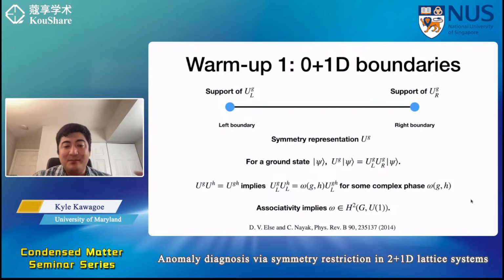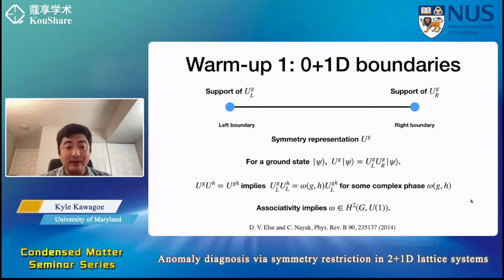I haven't said what a cocycle is, but basically it's a function which takes in, in this case, two group elements, spits out a phase, and obeys some constraint called the cocycle condition. And the fact that operator multiplication is associative implies that this is in fact a two-cocycle. That's just a technical detail that you don't need to understand this talk. But the point is, by just looking at this projective representation on the boundary, you can characterize the anomaly.